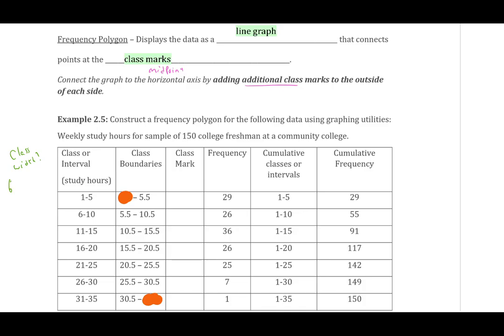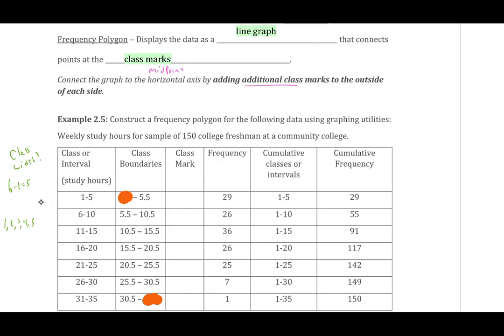So if we did this, we get 6 minus 1 is 5. Also, if we look at the first class here, from 1 to 5 study hours, we would have the numbers 1, 2, 3, 4, and 5. So we have 5 different numbers. Most students try to subtract 5 minus 1 and get the class width of 4, but in this case it is 5.